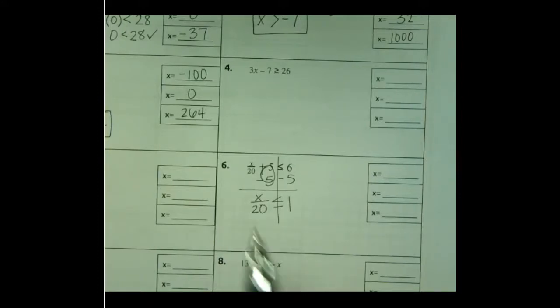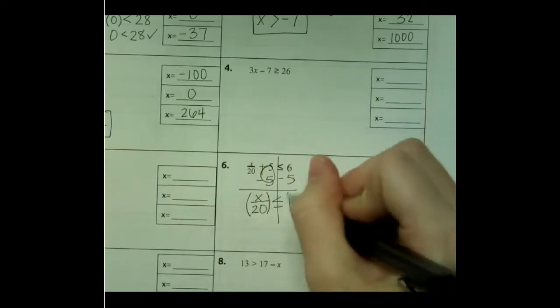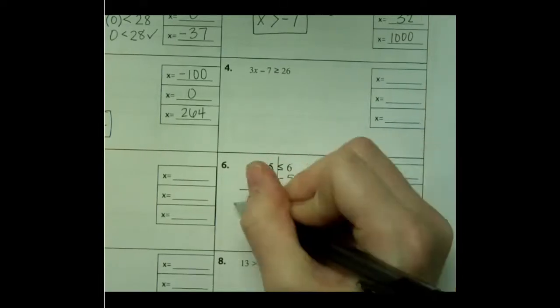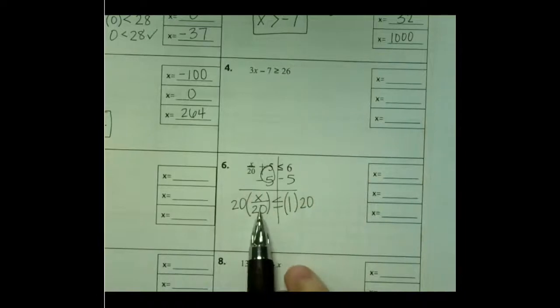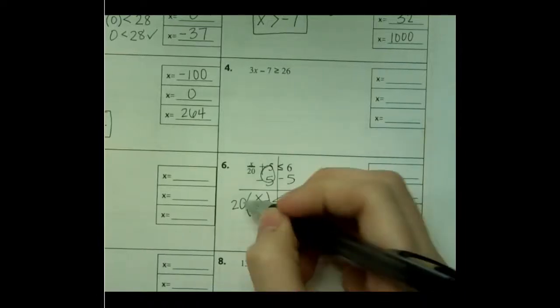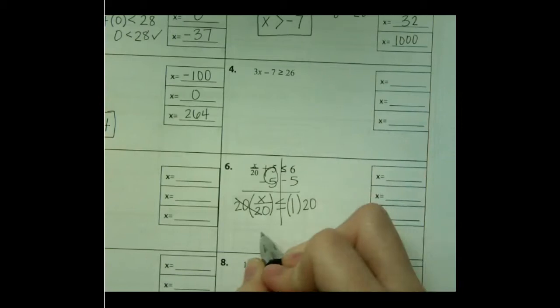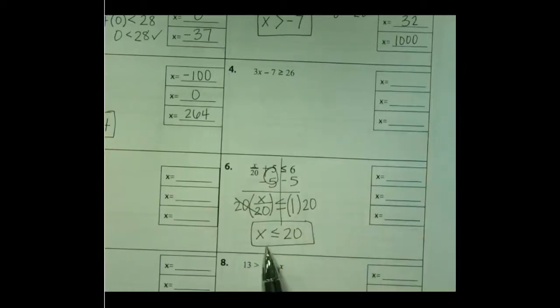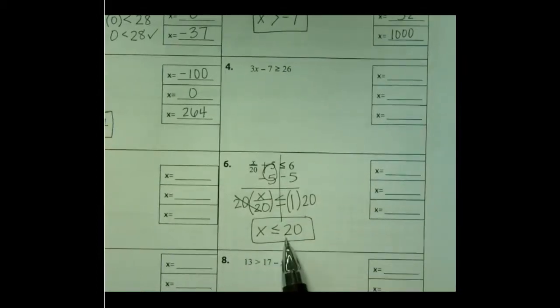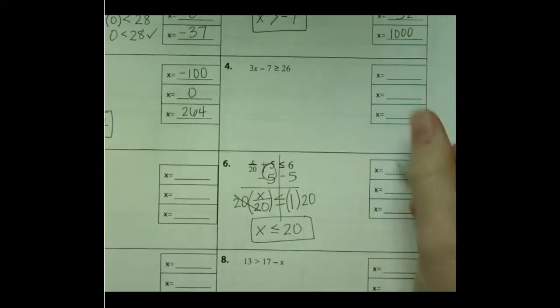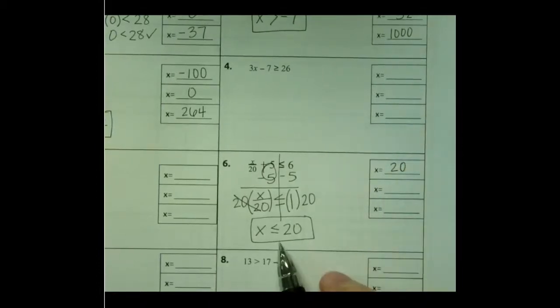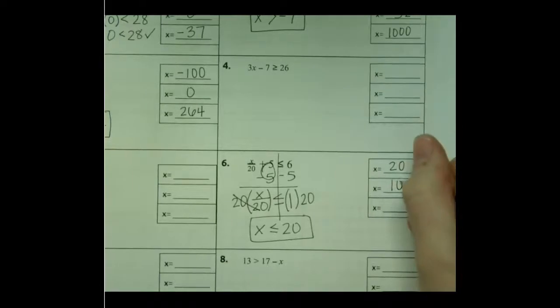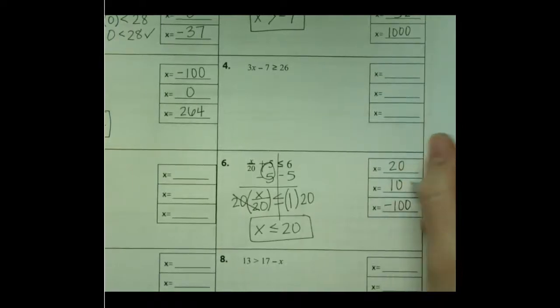To get rid of this divided by 20, I'm going to multiply all the pieces by 20. This is a piece, this is a piece. 20 divided by 20, just a 1. So we have x is less than 20, or equal to. So on this one, could we equal 20? Sure, we've got an equal to. I could be equal to 10. I could be equal to negative 100, as long as it is less than 20.